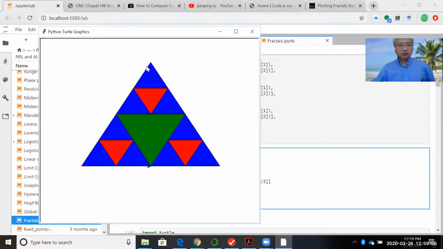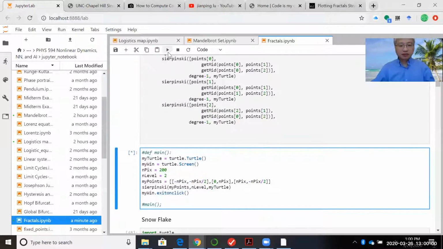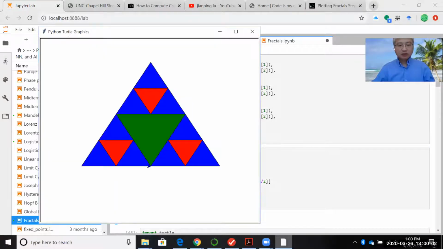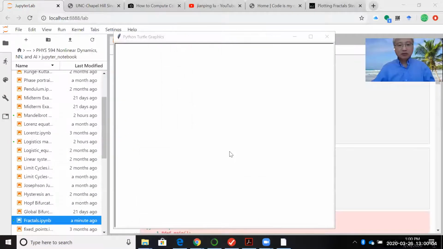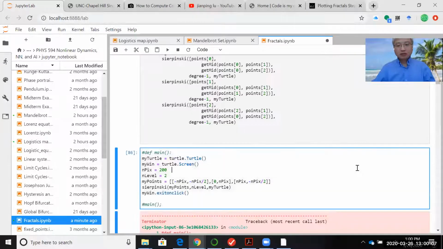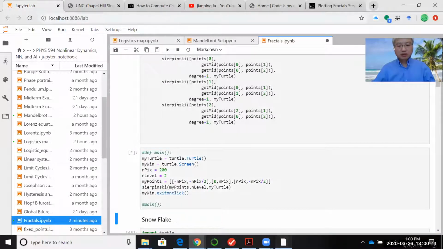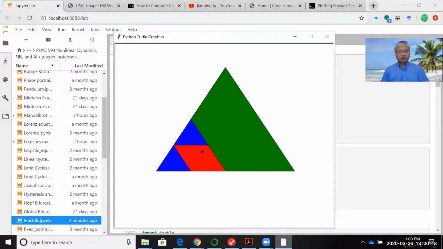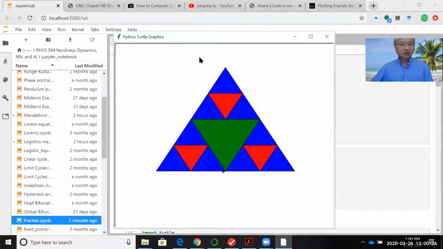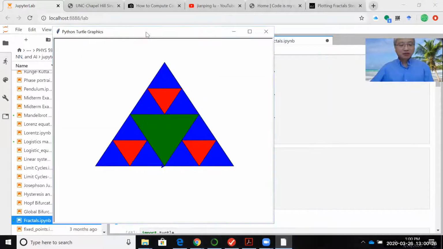So let me run it one more time again. I need to run it twice to make it work. As I was saying earlier, if some of you can look at my code and see where the bug is and fix it, I would appreciate it, but I couldn't figure out how to fix it.